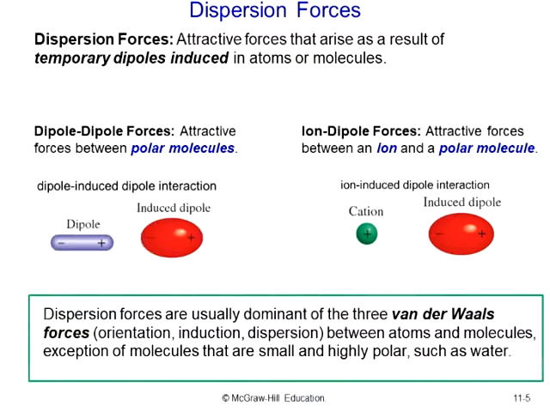And that's usually the case except in molecules that are small and the ones that are highly polar, like water. Okay? Otherwise, dispersion forces tend to be very, very strong forces. So, dispersion forces are very strong interactions in many molecules.